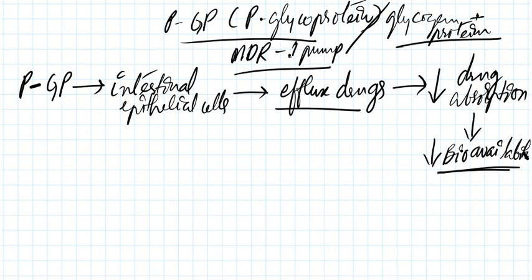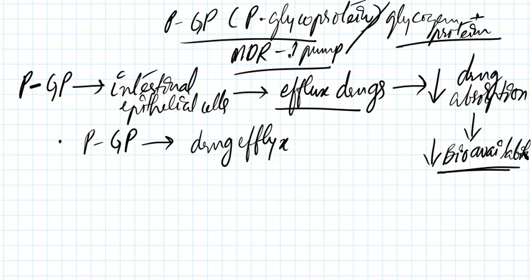With all this concept, you can understand one thing. If something induces the PGP, that means if something increases the activity of PGP, obviously the drug efflux, or the movement of the drug to outside of the cell, also increases, thereby it leads to drug failure.